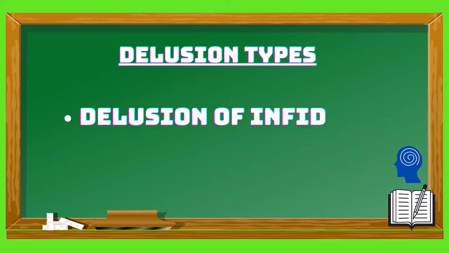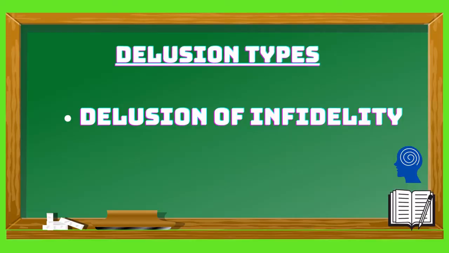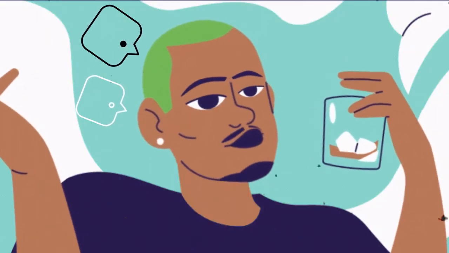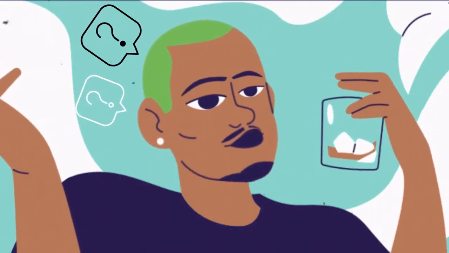Another type of delusion you can see in the mental patients is delusion of infidelity. Fidelity means faithfulness. So infidelity means unfaithful to somebody. That is usually seen in alcoholics. That means people who abuse alcohol. So they develop a disorder, that is alcoholism or alcohol dependence, which is a substance abuse. These people can develop delusion of infidelity.